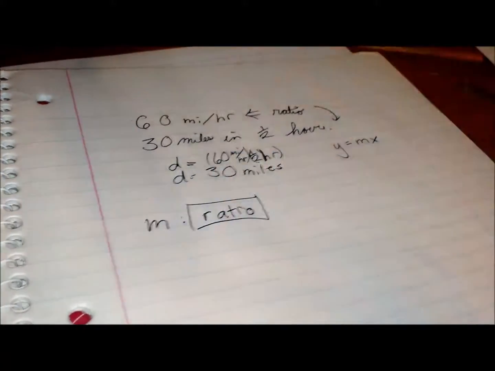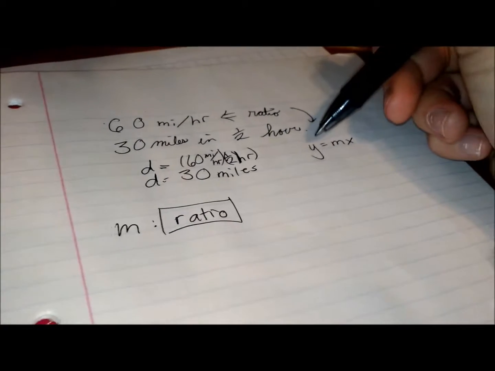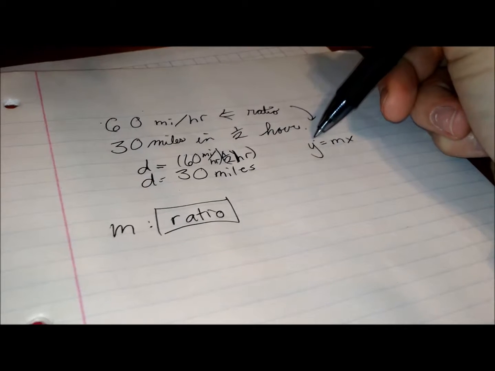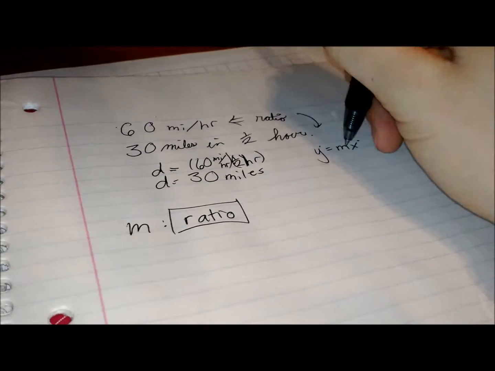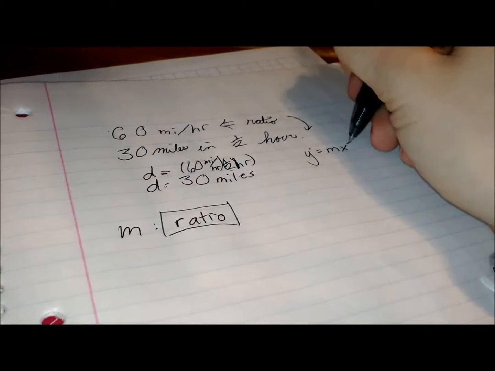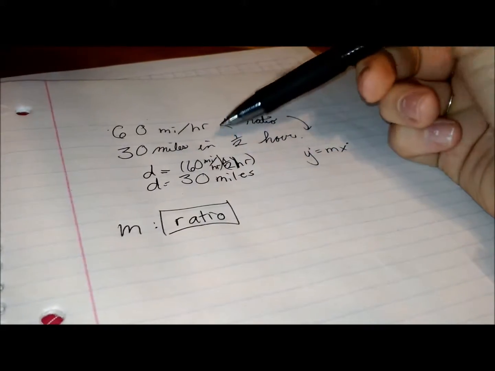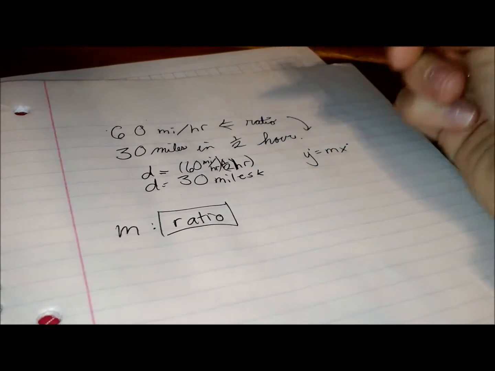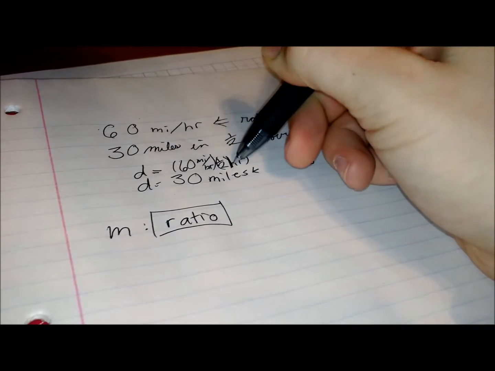Always and forever, m is going to be a ratio. Now, in this example, I know that y has to be my distance and x has to be my time. The reason I know that y is my distance and x is my time is because I know I'm trying to find how many miles. And if you look at the math that I did here, my hours had to cancel out.